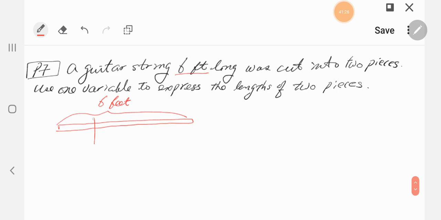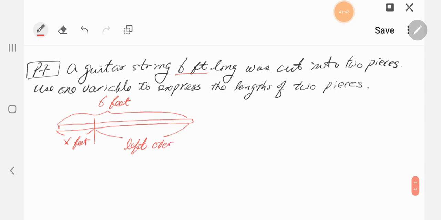We divide it into 2 pieces. Let's say the shorter piece is X feet. Then what is the leftover?